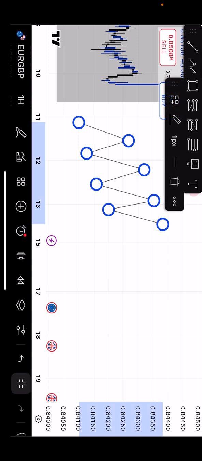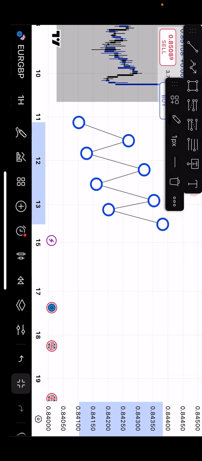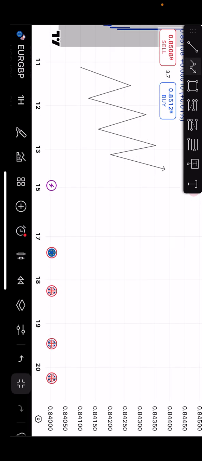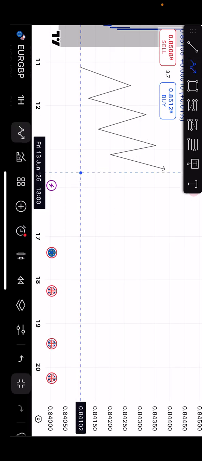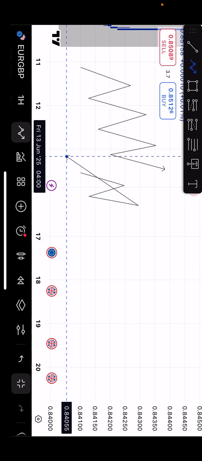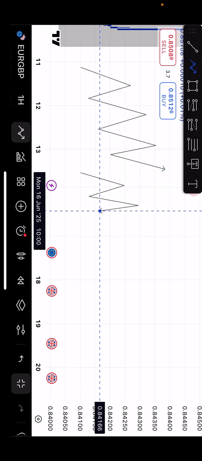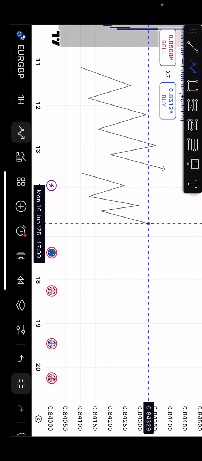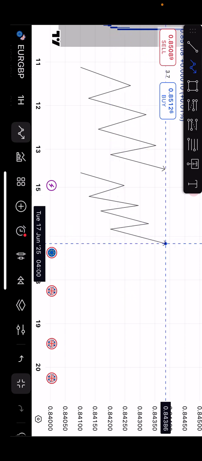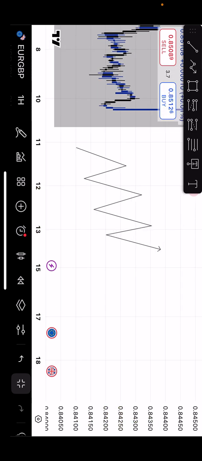For a bullish trend, it is the last main low before a main high, then another main low before the main high without breaking the previous low, then once again the same thing, the last main low before the main high without breaking the previous low. So this is your main structure for a bigger time frame.